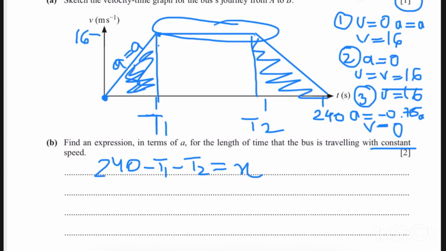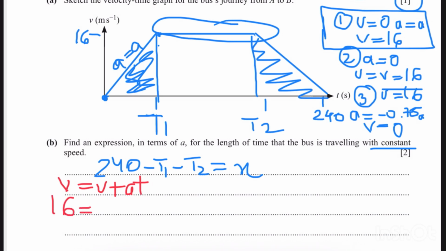So for T1, we can use this information that we've written down. So we can use the v equals u plus at formula. So the final velocity is 16 and the initial velocity is 0, plus a times t, and we can call this t as t1. So if we write it in terms of the time, it means that t1 is equal to 16 divided by a.